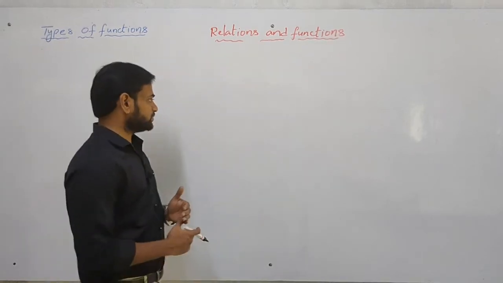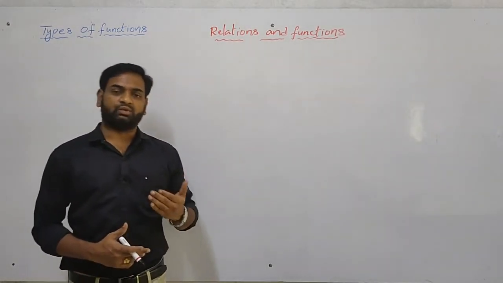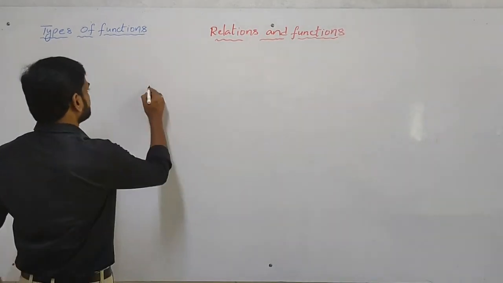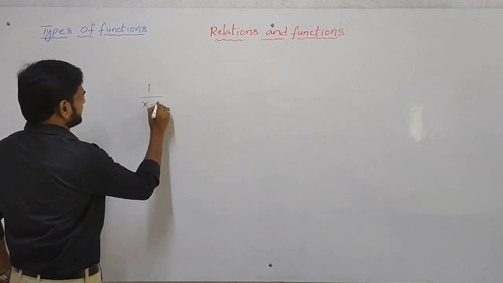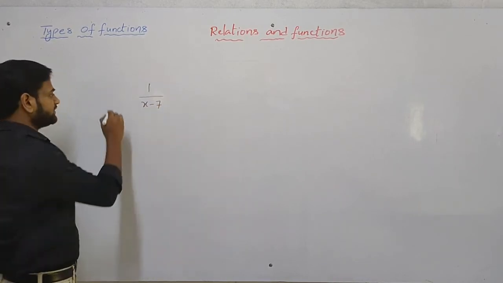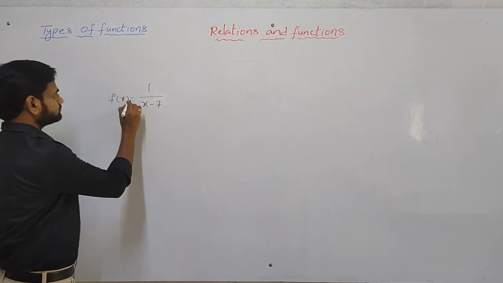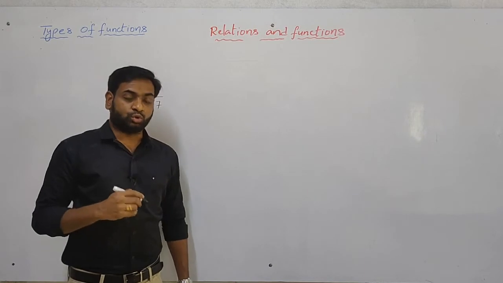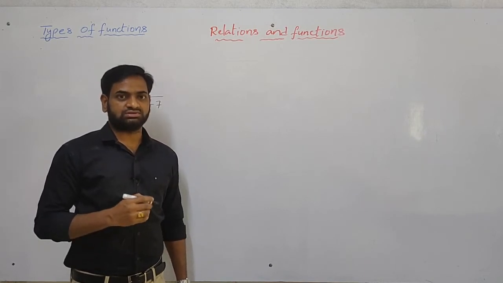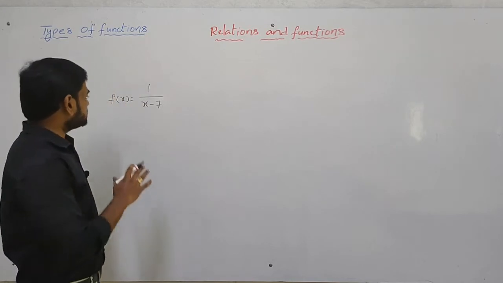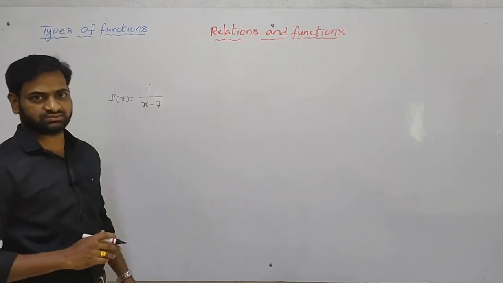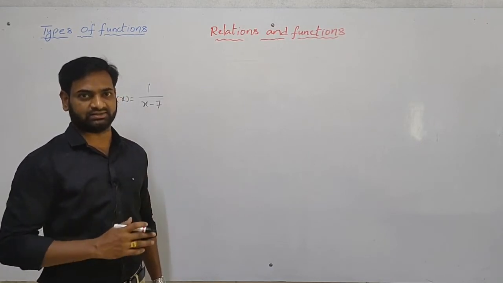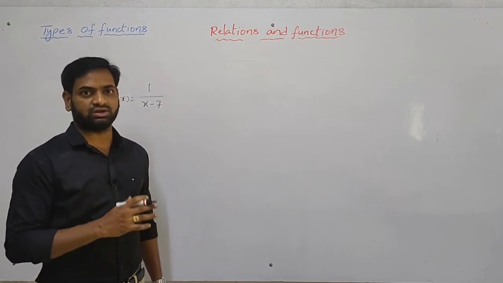So previously I gave examples, that is 1 by x minus 5 and 1 by x minus 10. See once again, 1 by x minus 7, f of x equal. So in functions, domain means the values where the function is defined.